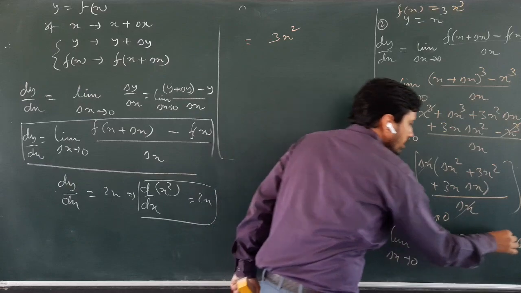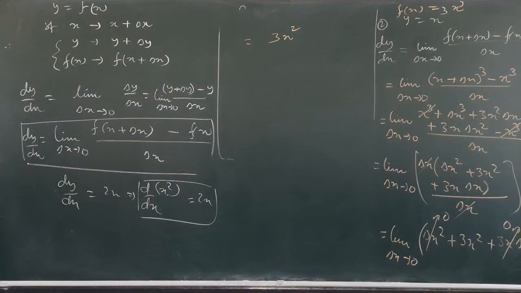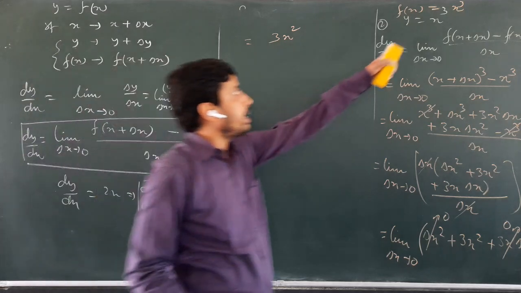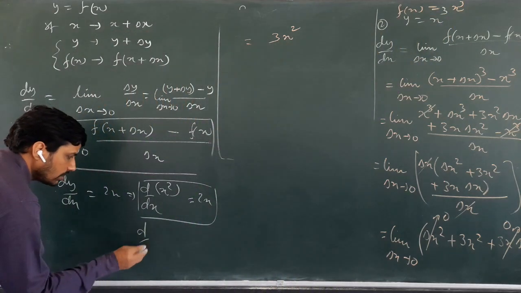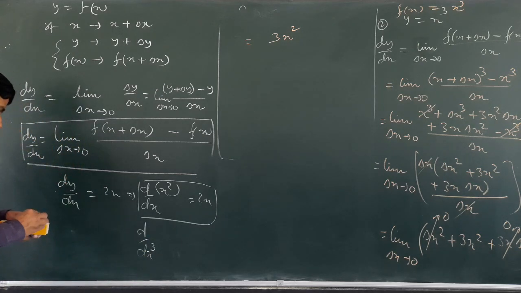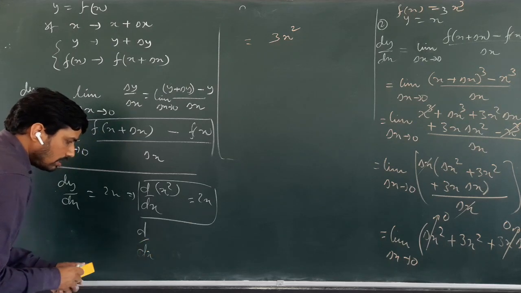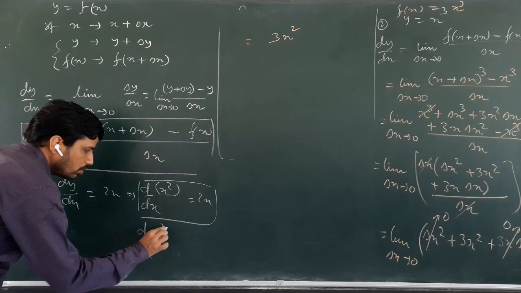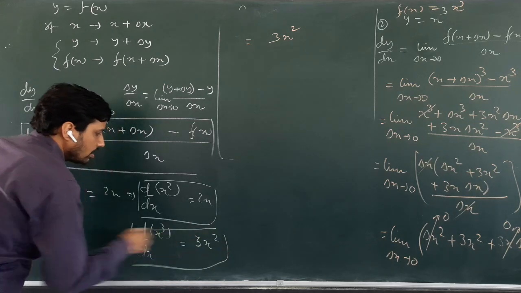So this we will neglect, this we will neglect, and we will be left with 3 times x square. Okay. So what is the result? Our answer is derivative of x cube is equal to 3x square. d by dx of x cube is 3 of x square.